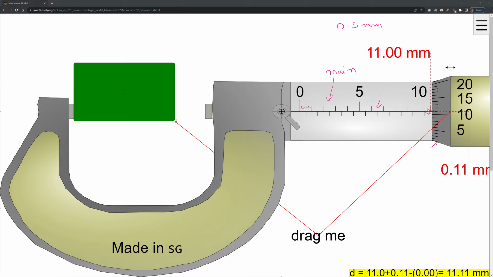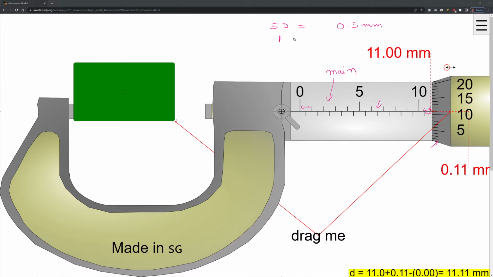In moving from one such division to the next, the rotational scale, the circular scale, actually has 50 gradations. Those 50 gradations are traversed when I move 0.5 mm on the main scale. So 50 gradations of the circular scale equal 0.5 mm.